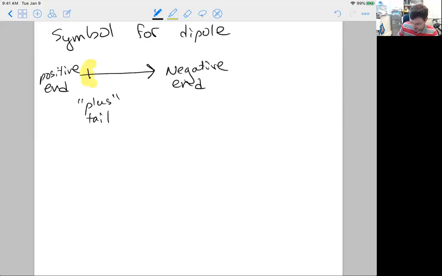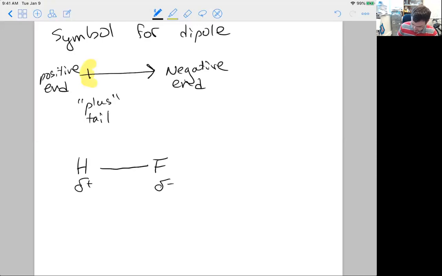What this means is that if I have a molecule like H and F, I could draw delta plus and delta minus to show that there's an uneven sharing of electrons in the covalent bond between the two elements, such that the fluorine gets a greater electron density. We would say the fluorine is more electron rich, the hydrogen is more electron poor or electron deficient.